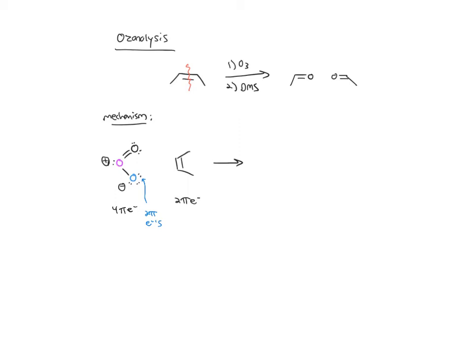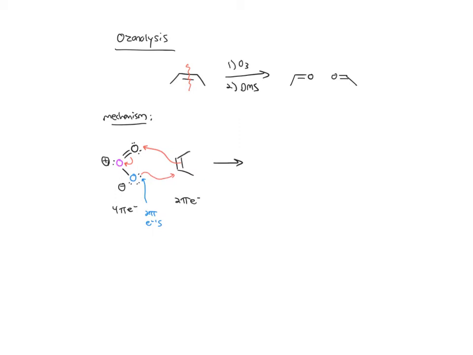So how does this mechanism go? We're going to start at the 4 pi electron species like we normally do. This time we just start at the lone pairs themselves instead of at the actual pi bond. We're going to attack the 2 pi electron species. The electrons are going to go out through the pi bond and go back to attack the 4 pi electron species. And then that last bond is going to break to put what in this case is going to be lone pairs on that purple oxygen.